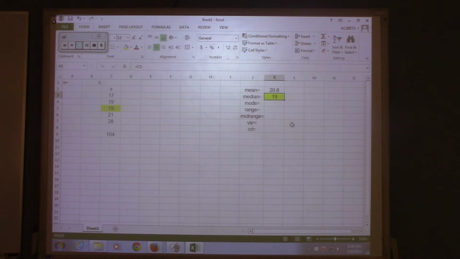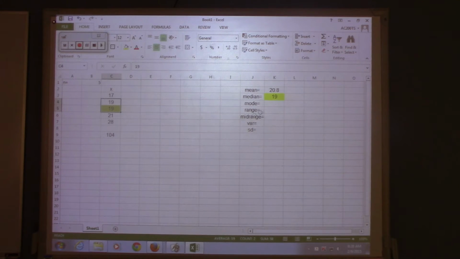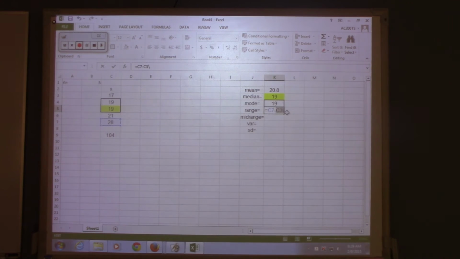And the mode is these two, and I will do that, meaning that that's observed also. Range is equal to the highest minus what? Lowest. And you don't put a division symbol in there on top of it. Kind of messes up the order of operations with the computer.